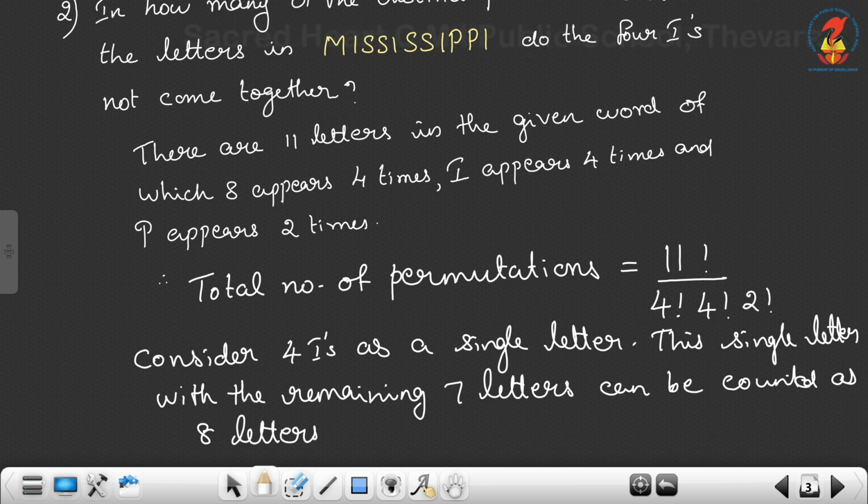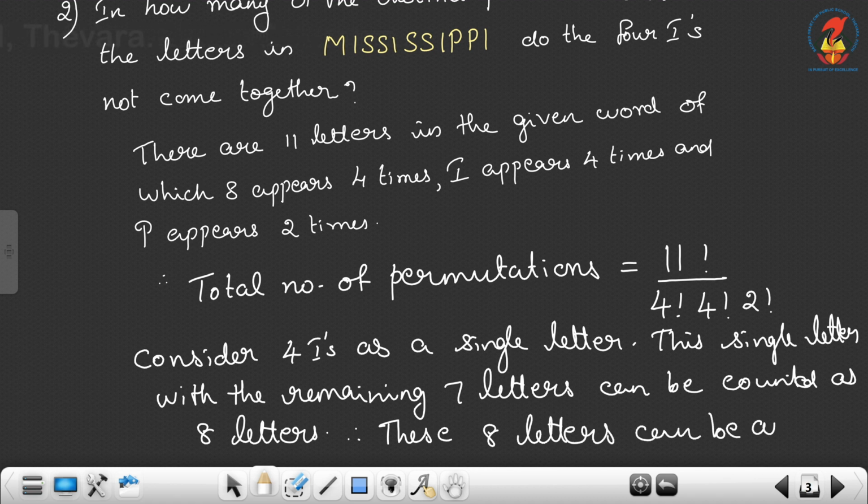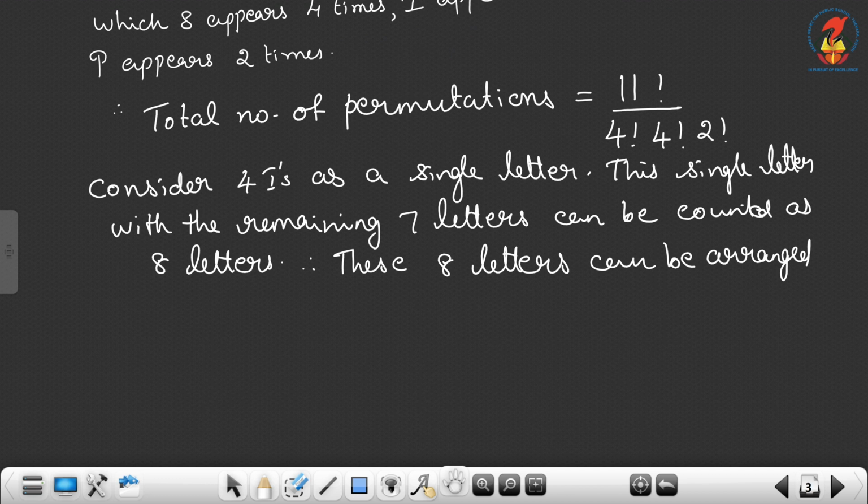Okay. Therefore, these 8 letters can be arranged in how many ways we can arrange these 8 letters?